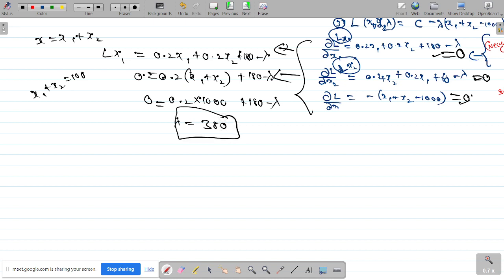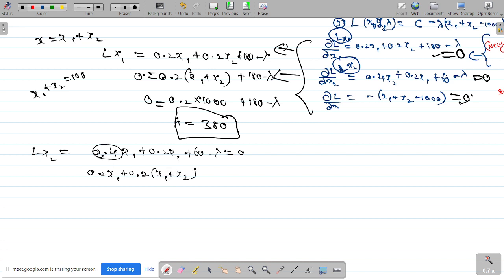So we have got one value. We need to find x1 and x2. Next I will take the second equation LX2. So in LX2 we have 0.4 x1 plus 0.2 x1 plus 60 minus lambda equal to 0. So this is 0.2 x1 plus 0.2 into x1 plus x2. Hope you understand what I'm doing here.